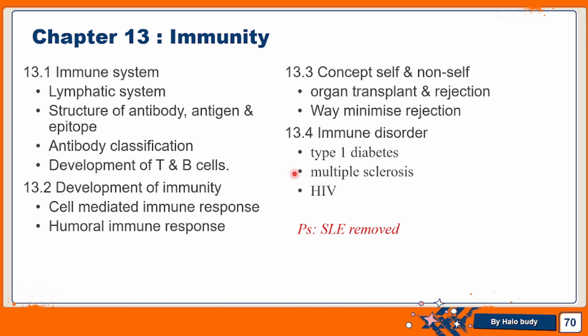The final topic is immune disorder, which includes type 1 diabetes that you learned in chapter 12. In chapter 12, you learned about type 1 and type 2 diabetes. Type 1 diabetes is actually caused by immune disorder, while type 2 is due to daily activity.